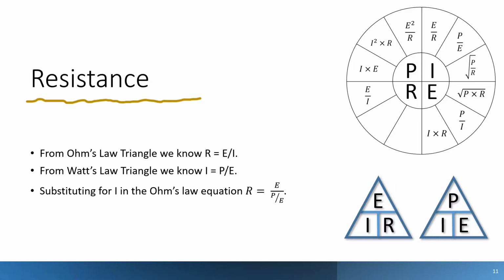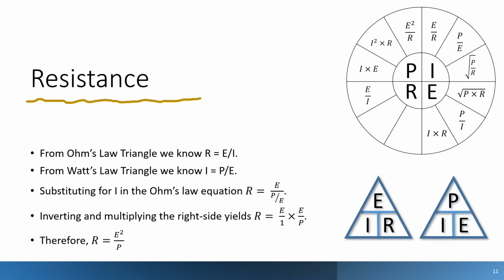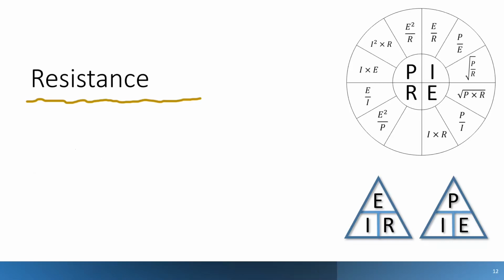That's inverting the denominator and multiplying it times the numerator, which is what we're going to do here. So inverting and multiplying the right side yields R equals E over 1 times E over P. And if we simplify that, remember, multiplication of fractions is multiplying the numerators and multiplying the denominators. Multiply E times E, you get E squared. Multiply 1 times P and you get P. So R equals E squared divided by P. And we fill that in here for resistance.